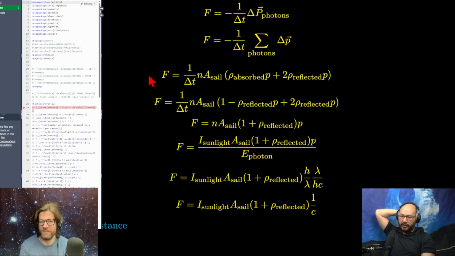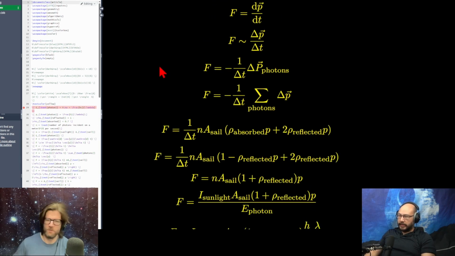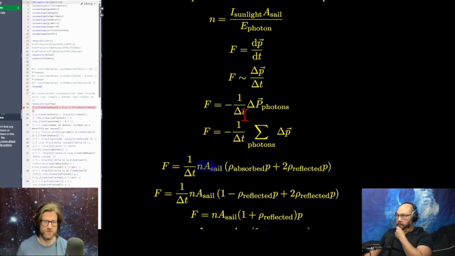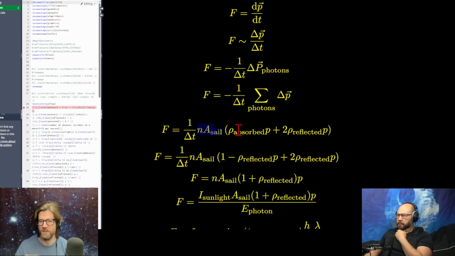Then I took the number of photons, so it's 1 over time, multiplied by this sum, which would be the number of photons per second times the area of the sail. That gives us the total number of photons incident on the sail, times the momentum change: 30% times the momentum of the photon for absorbed, plus 2 times 70% times the momentum of the photon.